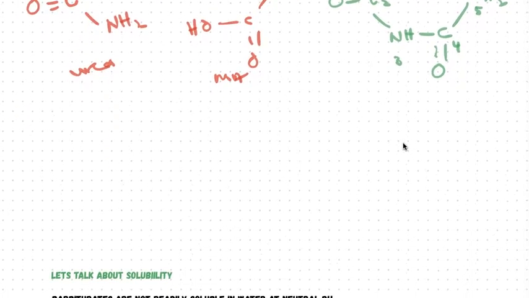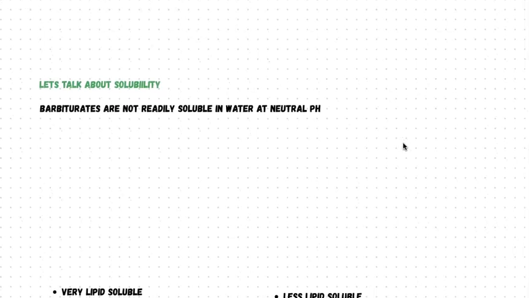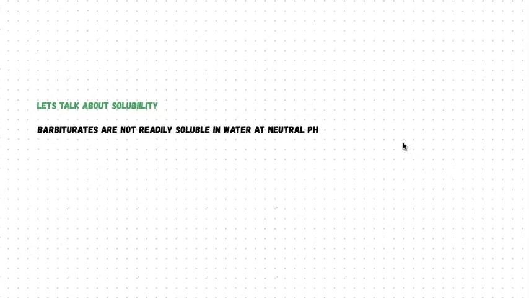Now, let's talk about solubility. Oxybarbiturates, like we discussed, are not easily soluble. Barbiturates are not readily soluble in water at neutral pH. If we remember our ideal anesthetic agent, it is water soluble. So in order to make our substance more water soluble, we have to make some tweaks in the structure.